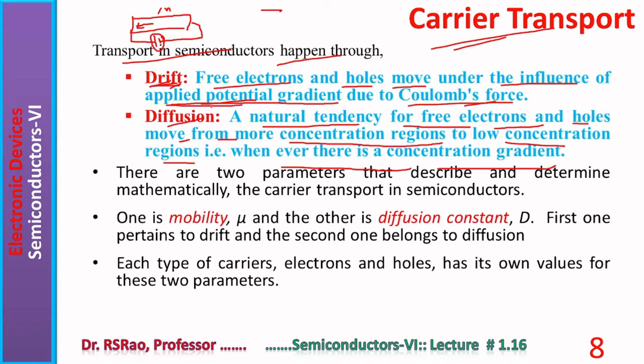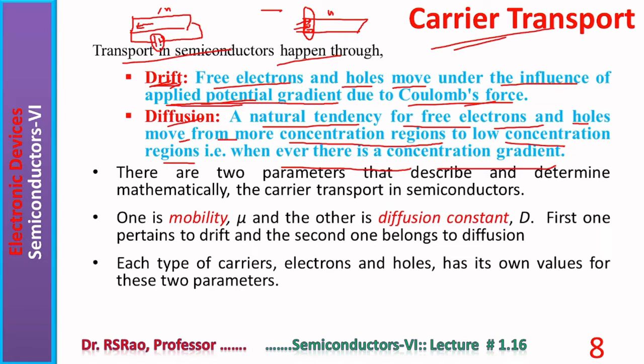So electron movement is due to applied potential. Then what is diffusion? Let us suppose here is a semiconductor slab, let us say N-type. Now, by one means or other, let us say plenty of electrons are injected from one end. So in this end, there exists a lot of electrons.